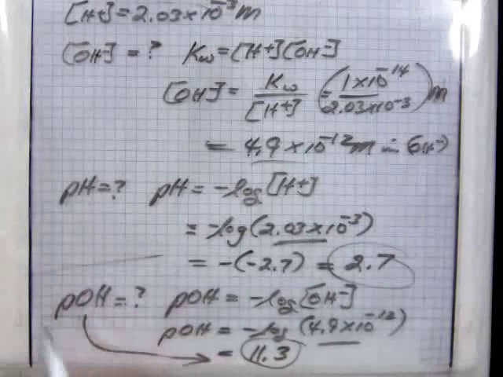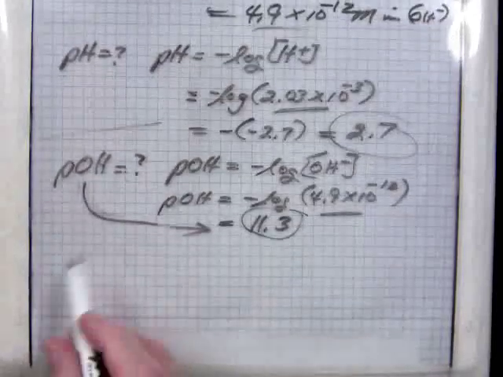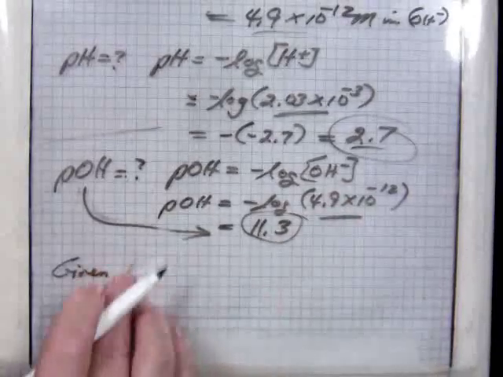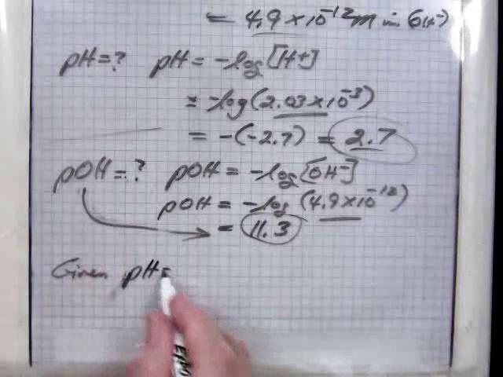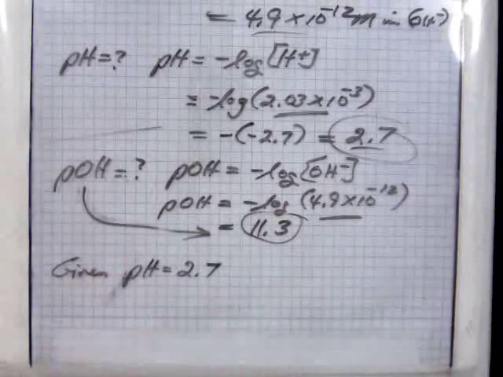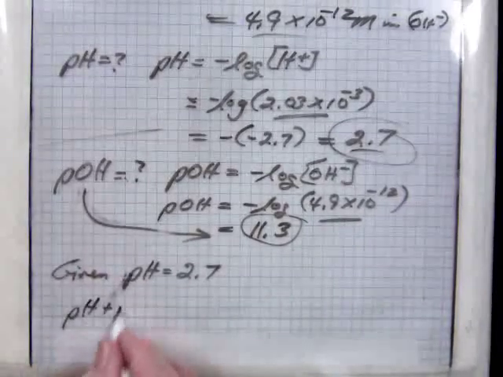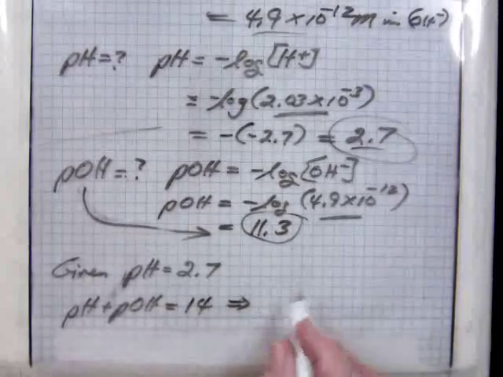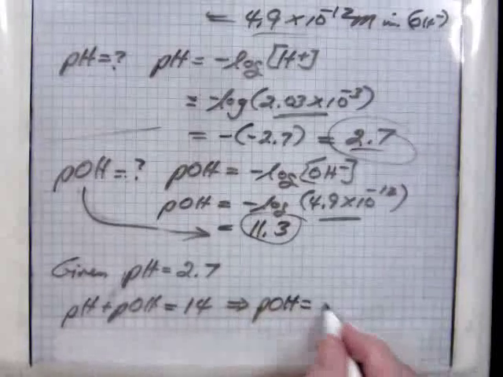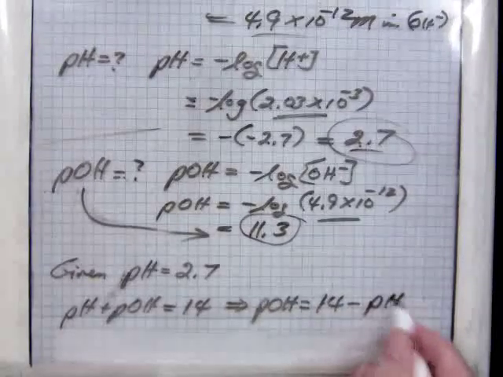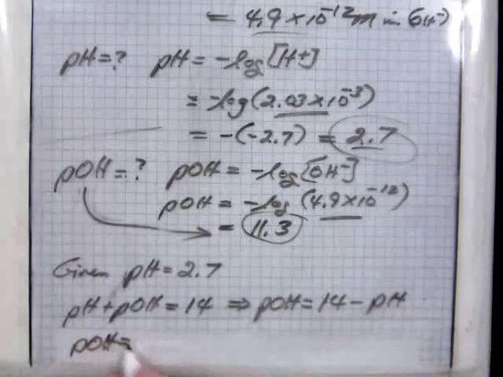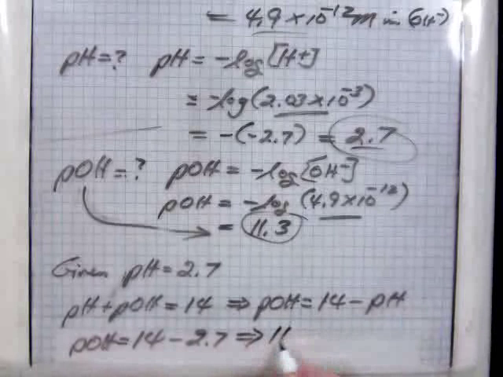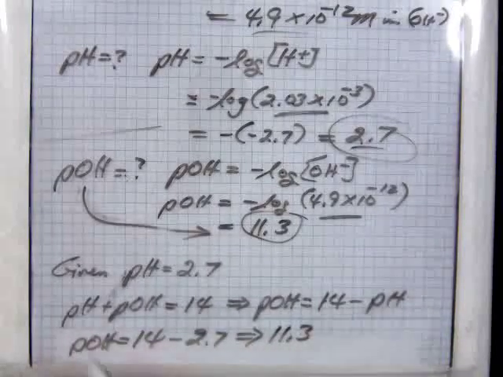Or, in this problem, let's say you have the pH 2.7, then you can use pH plus pOH is equal to 14, where pOH is equal to 14 minus the pH, and therefore pOH now is 14 minus the 2.7, which will also give you that 11.3.